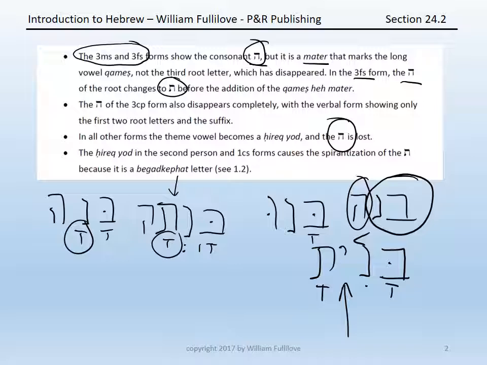Further, in both the second masculine singular form and the first common singular form, because the tav is following a vowel sound, the vowel of the hireq yod, note that it does not have a dagesh. As a begadkefat letter, when tav follows a vowel sound, there is no dagesh lene. This is what we discussed in chapter 1, section 2.